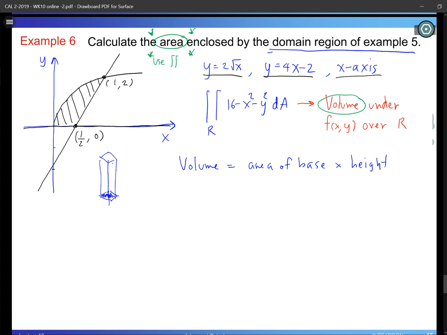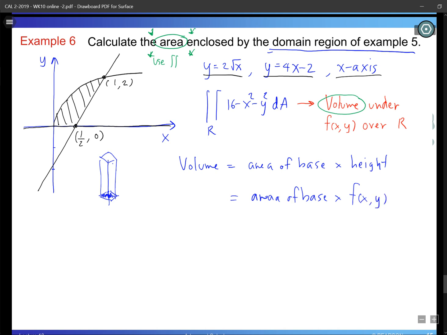But in Cal 2, we switch things around a little bit. Instead of using this simple formula, we use this instead: area of the base times the height of the function. So instead of using just the height, we use the function surface value, f(x,y).